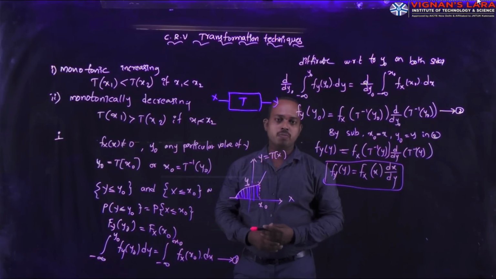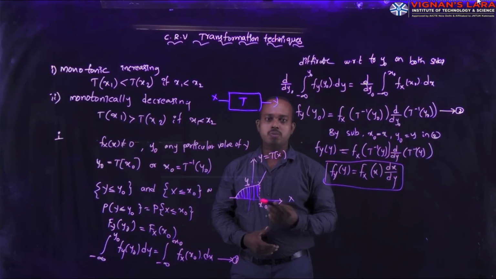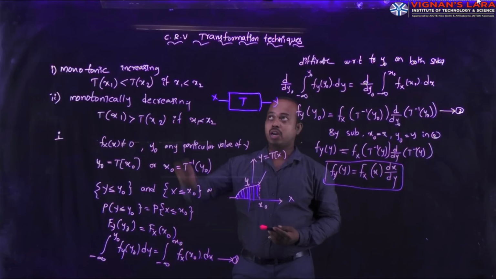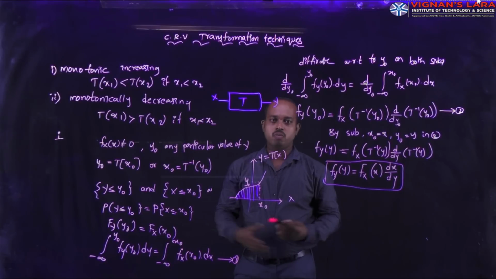Now for random variables, we mainly have two types of transformation techniques for a continuous random variable.